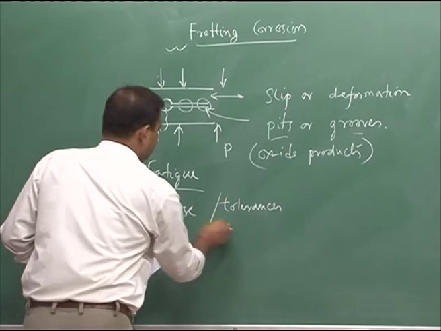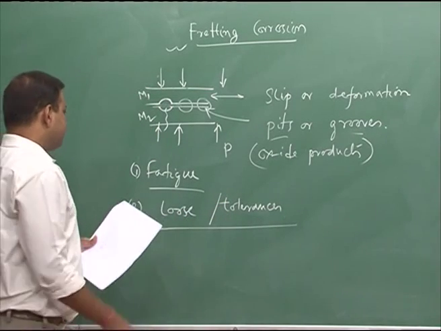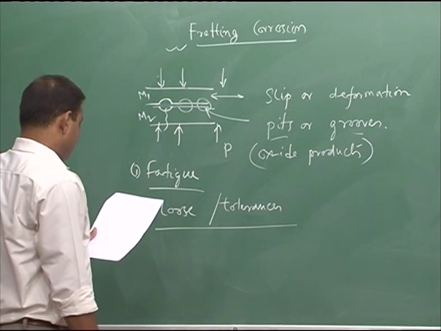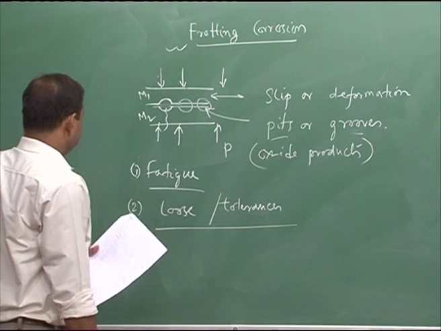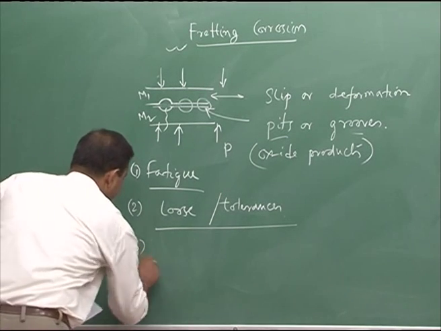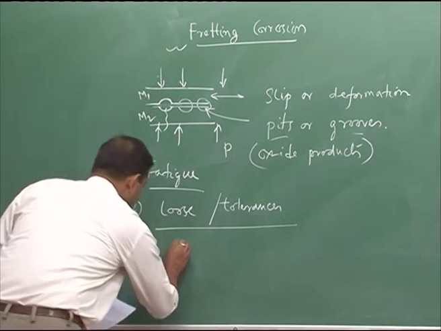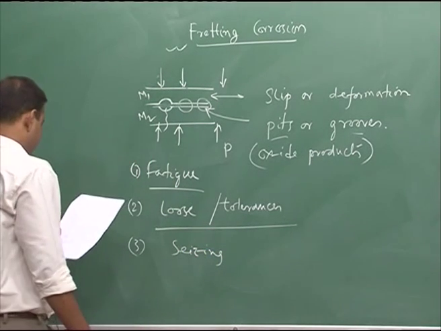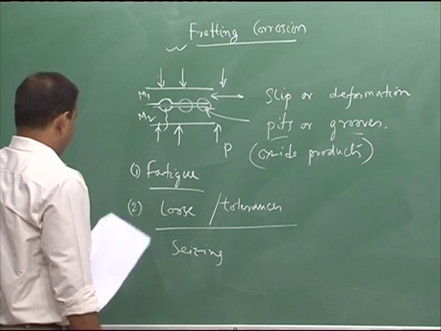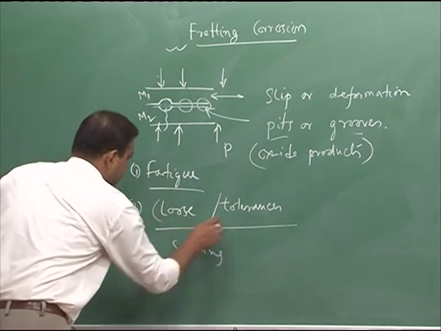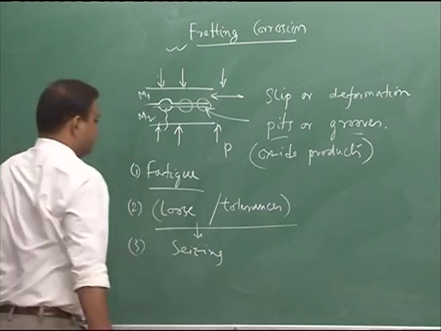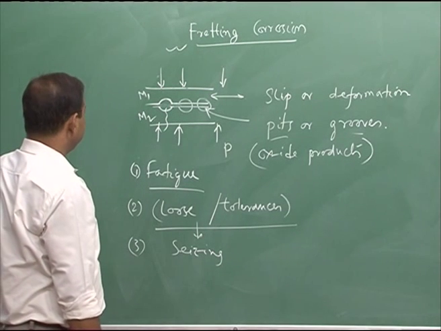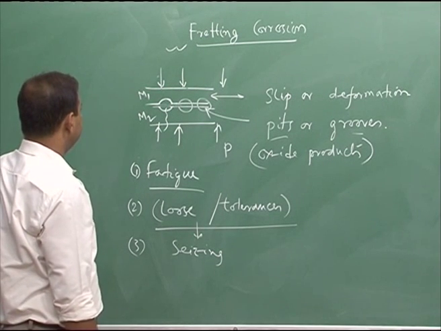So, it becomes loose and the tolerance would go. Third, there could be a seizing action, because of this loosening effect, the shear could be seizing in the system.